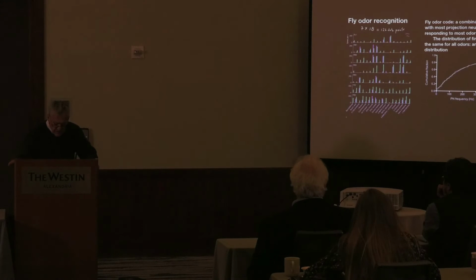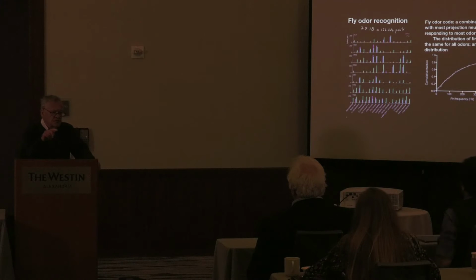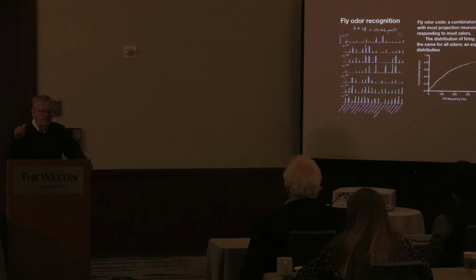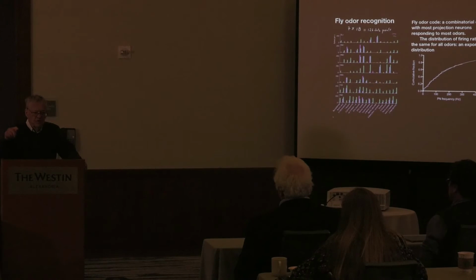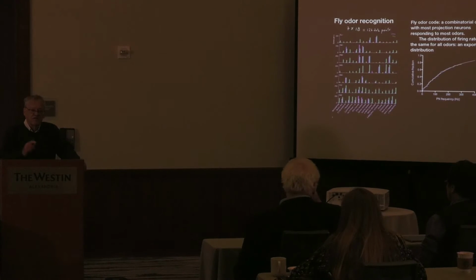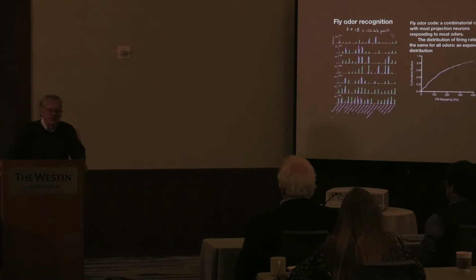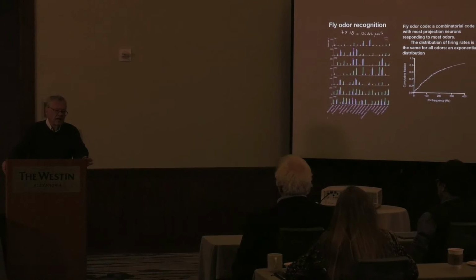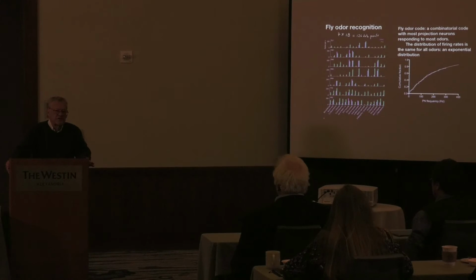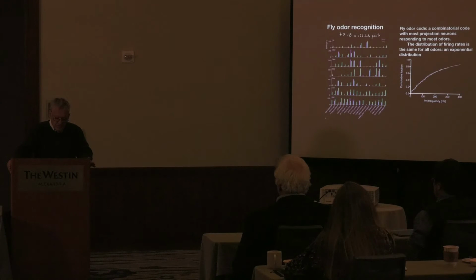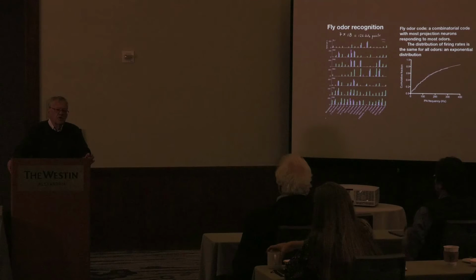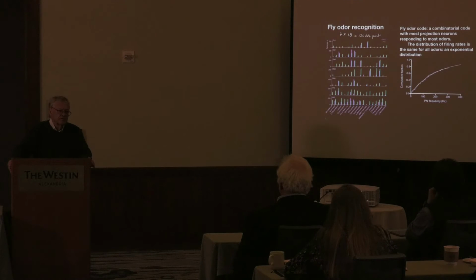I forgot to mention something. When you go from the nose to the antennal lobe, and then encode the information in the antennal lobe going to the mushroom bodies, there's something that changes. And what changes is that along with exciting all of those 50 types of projection neurons, it also removes the concentration dependence of the odor firing rate on concentration.